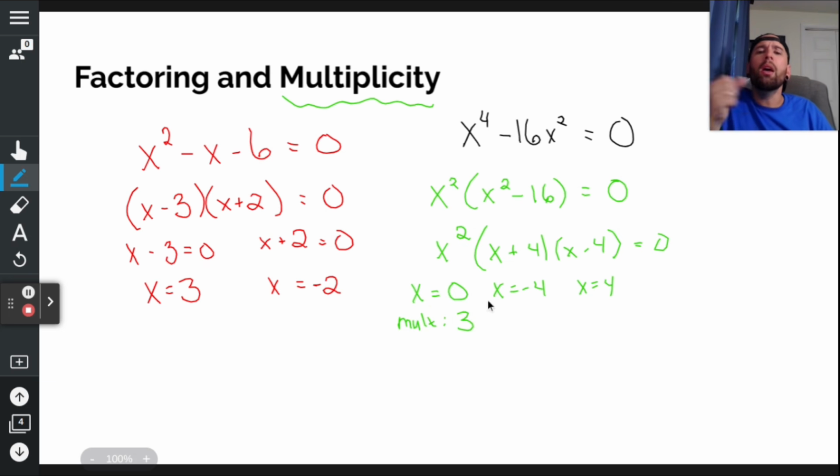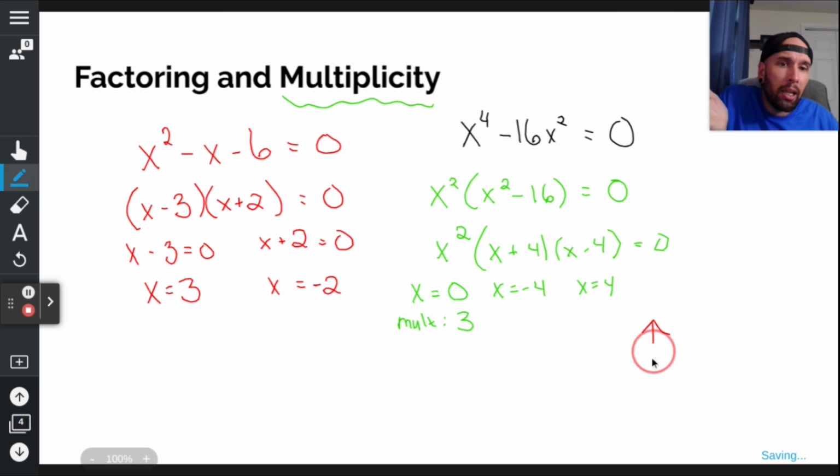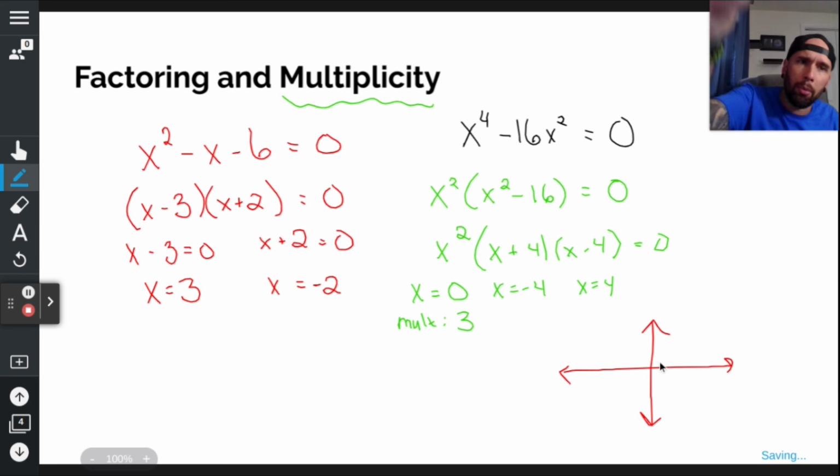All right. Now, knowing what I know, if I wanted to draw a very rough sketch of this, and it's possible that I might be jumping the gun here, and I'll do this again in a later example. But if I wanted to sketch this, right, draw this out without using a calculator, I know that my graph is going to go through negative 4.